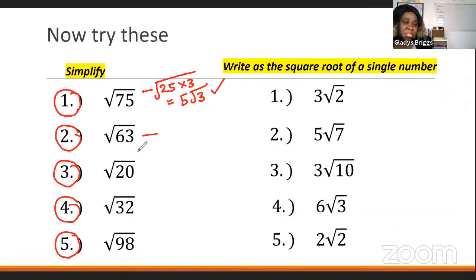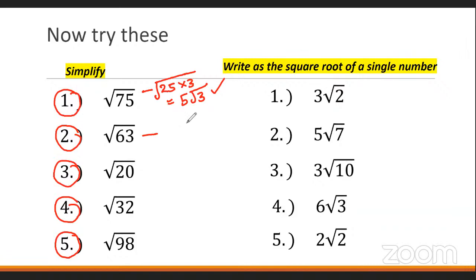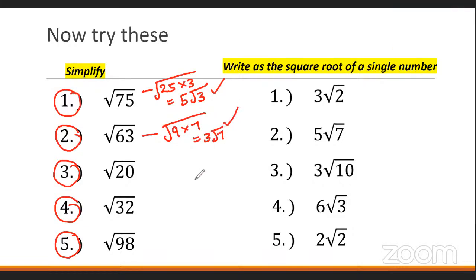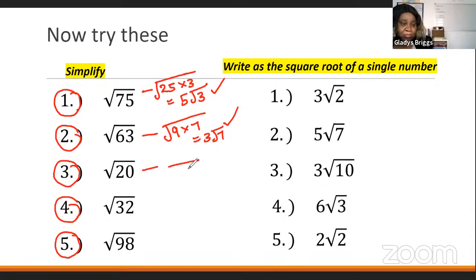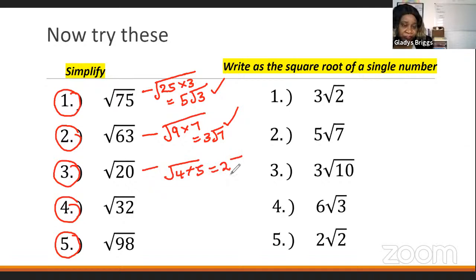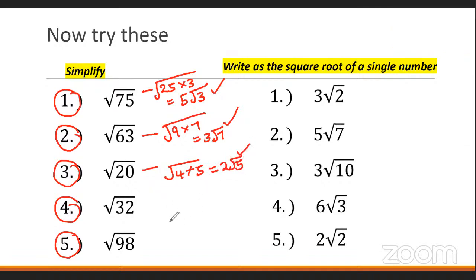What did you guys use for this one? There's 9 times something on here. Is it 9 times 7? The square root of 9 times the square root of 7. Yeah, so that would be 3 root 7. Well done. And how about this one? 4 times 5, and then this would be equal to 2 root 5. Well done.